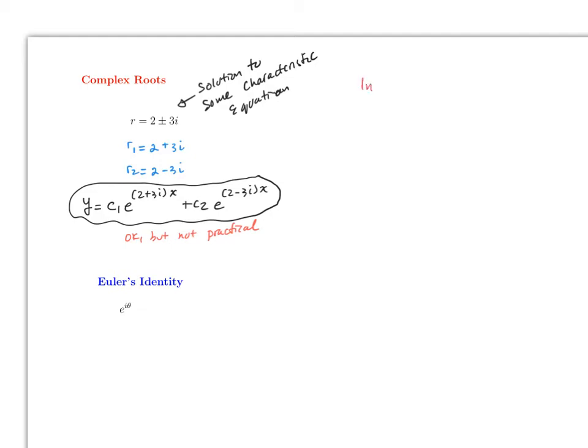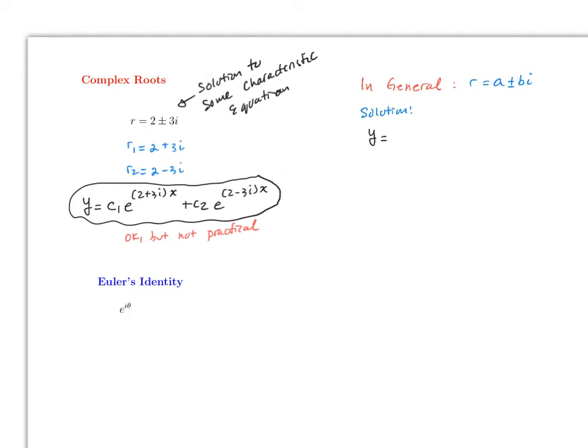So in general, if the solution is complex, which means, let's say that you have r equals a plus or minus bi, the solution is going to look like this.